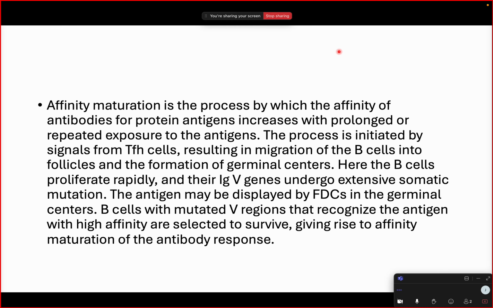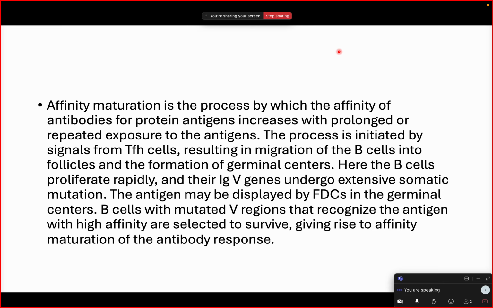Then affinity maturation is the process by which the affinity of antibodies for protein antigens increases with prolonged or repeated exposure to the antigens. The process is initiated by signals from the T follicular helper cells, resulting in migration of the B cell into follicles and the formation of germinal centers.